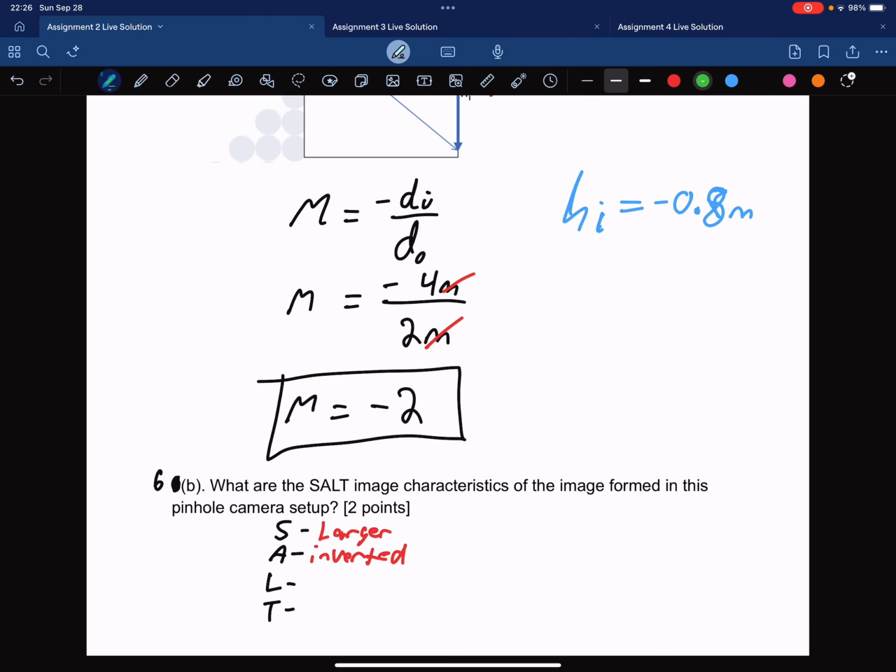So the magnification is less than 0. The absolute value of the magnification is greater than 1.